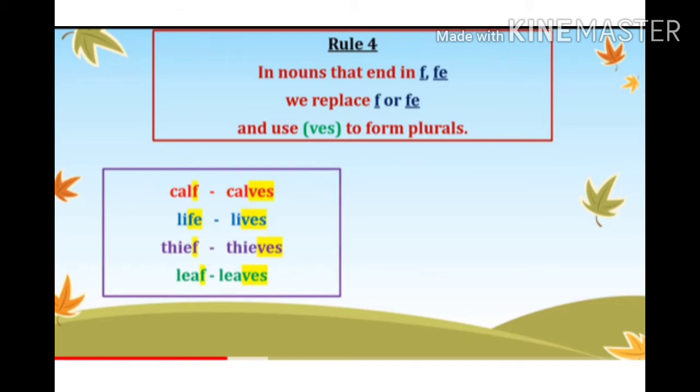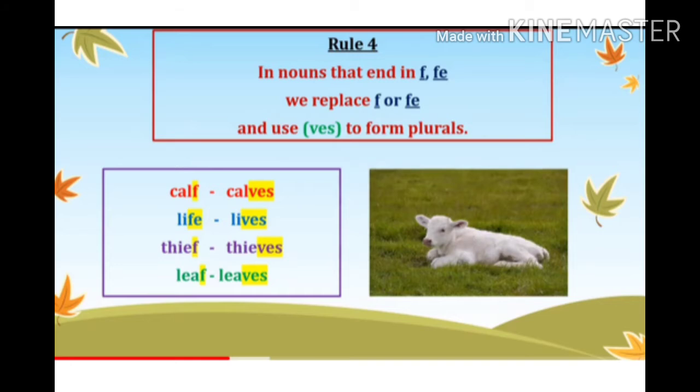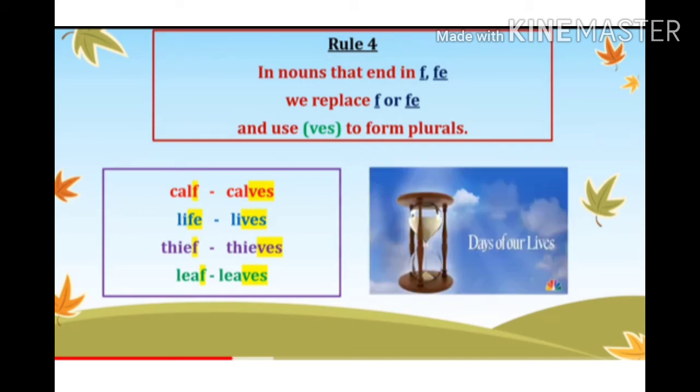The first word here is calf. This word is ending with F. You just have to cut F and use VES. The next word is life and this is ending with FE. Simply cut FE and replace it with VES.